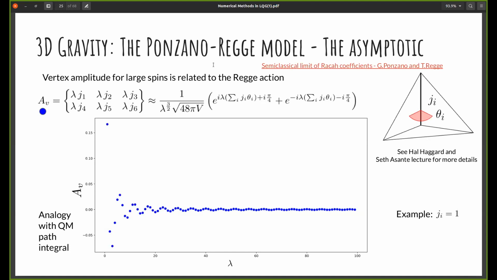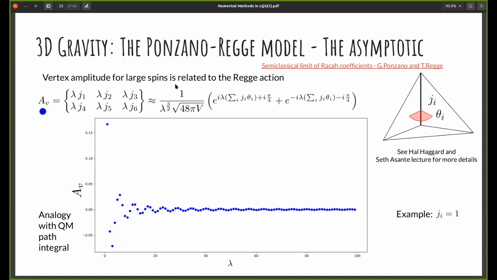The original paper by Ponzano and Regge, also mentioned by Maite, I remember it, is the connection between discrete three-dimensional Euclidean gravity, also known as Regge calculus, and the large spin limit of the 6J symbols, the vertex amplitude of the Ponzano-Regge model.